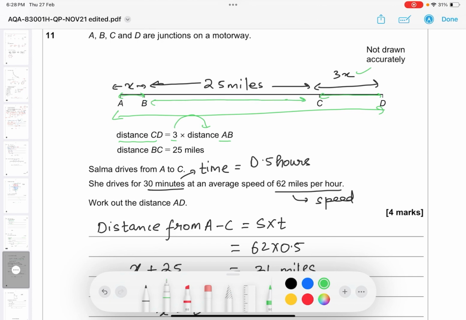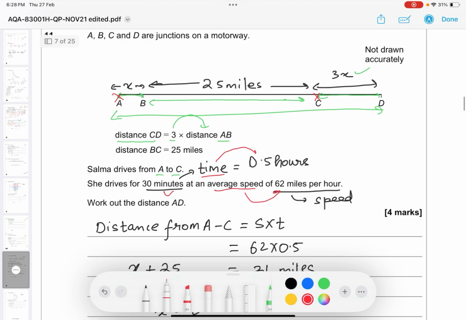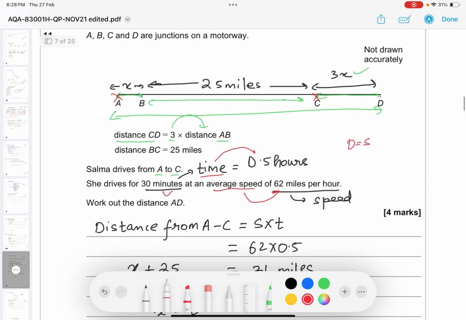Listen very carefully. Now she drives from A to C, from this point to this point, and it took her 30 minutes. So we'll convert time into hours, that equals 0.5 hours. Speed is also given, 62 miles per hour. Now can I calculate the distance equals speed times time?